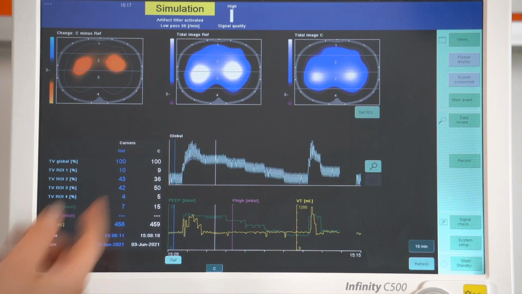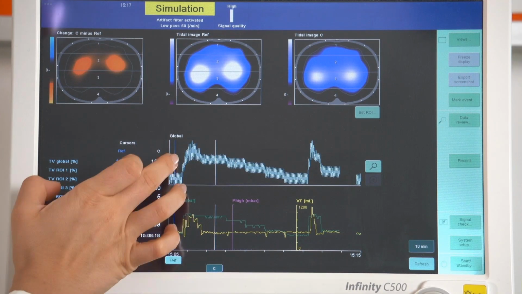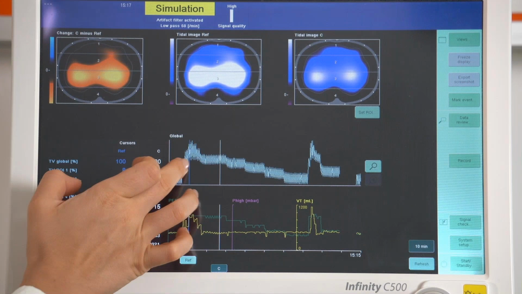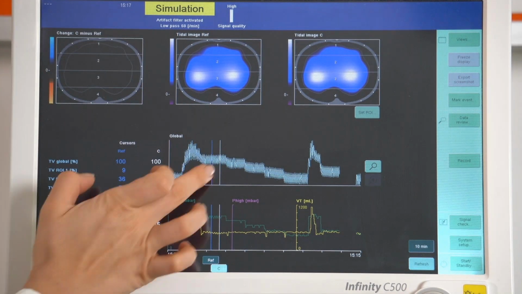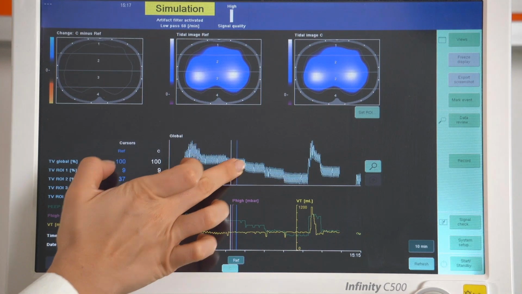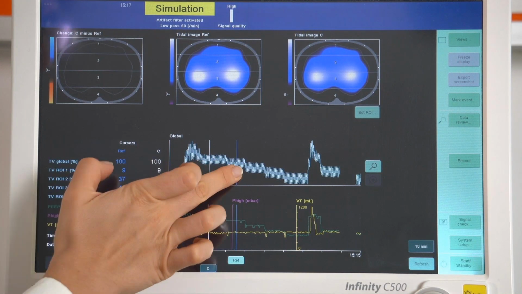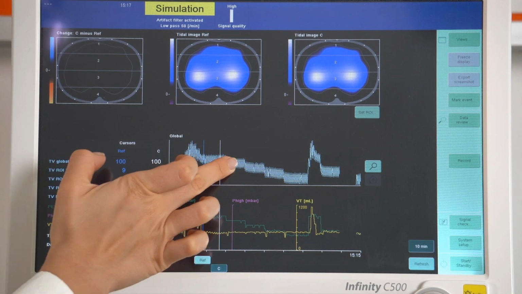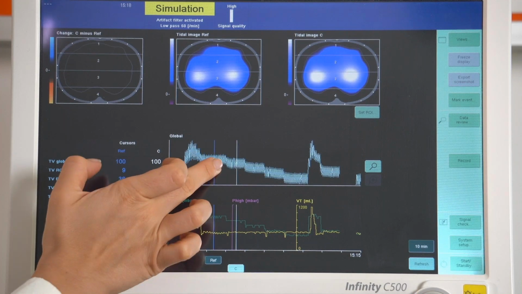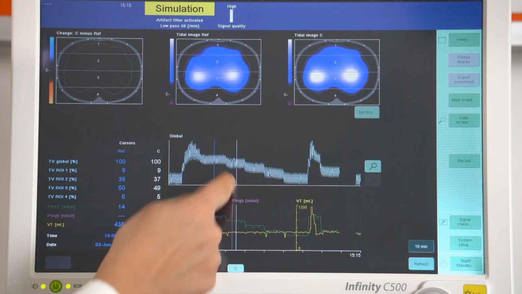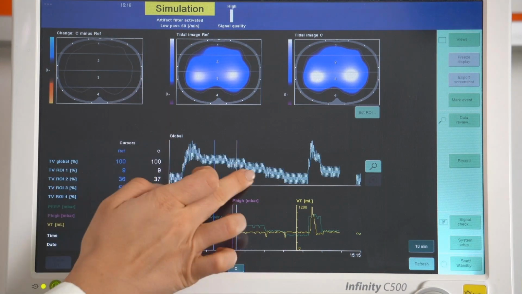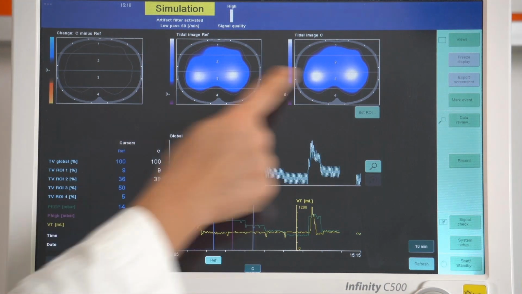If we now perform the decremental PEEP trial, we start at 14 and we go down to 13, no change. We go down to 10, no change.